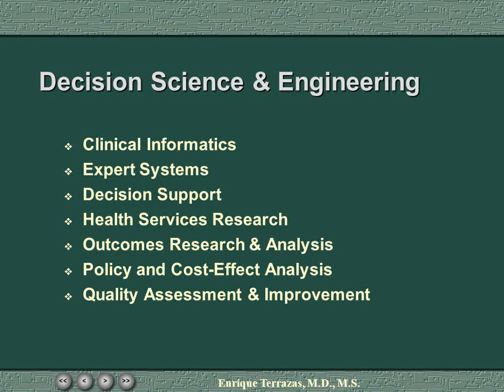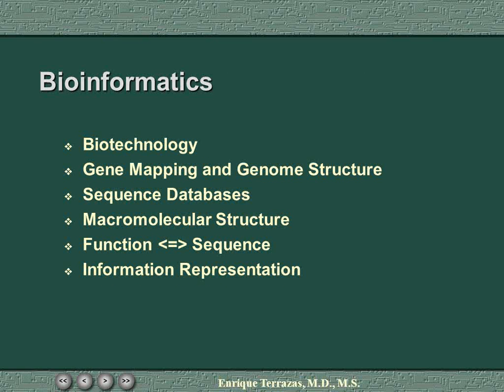In order to gauge quality, you have to determine what kind of outcomes you have, whether they're good outcomes, bad outcomes, et cetera. A lot of effort is going into this so that you can judge the quality of care at a given hospital and compare different hospitals in terms of quality of care.